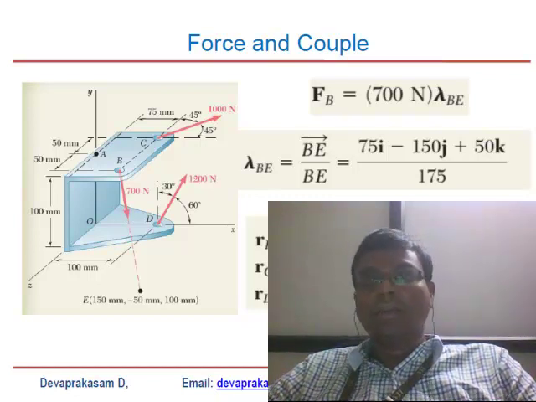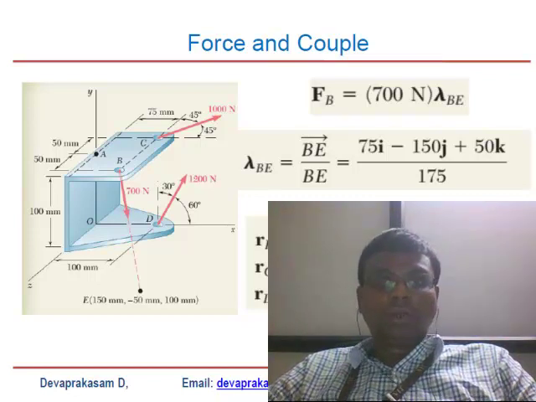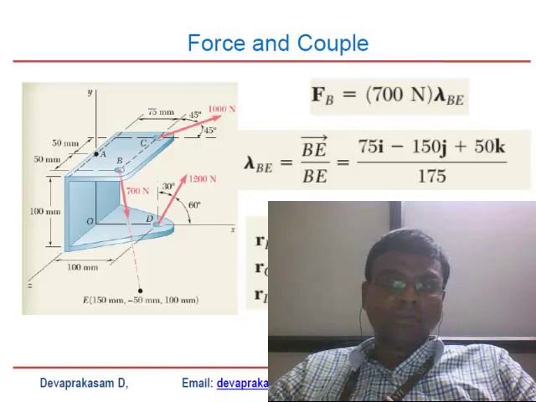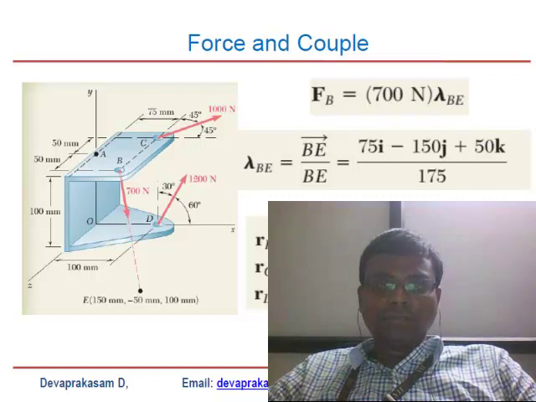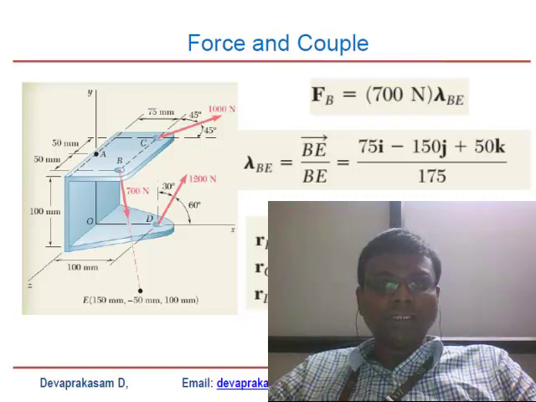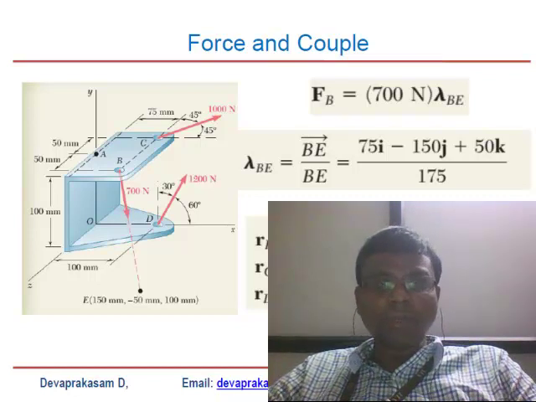Similarly, if you find the vectors AB, AC, AD, we will get these parameters, and for each direction we can similarly find the corresponding magnitude.